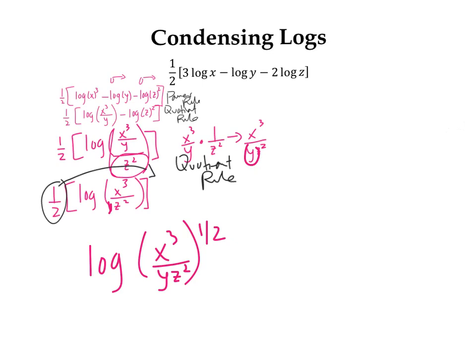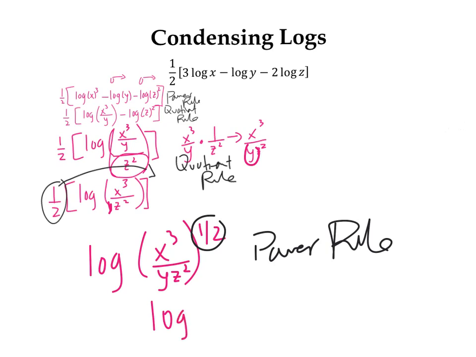So let's first call this the power rule. And then lastly, I'm going to change this into square root form. So I'm going to write it as the log square root of x cubed over yz squared.